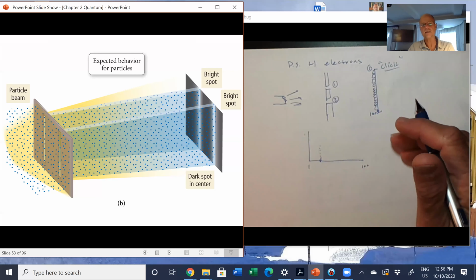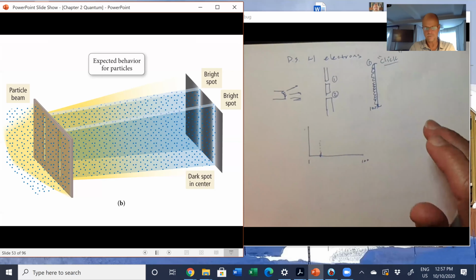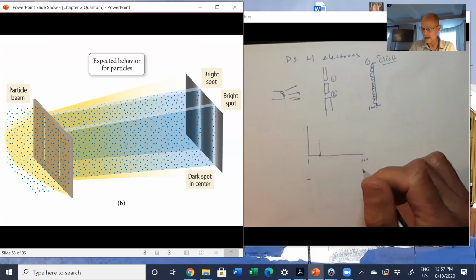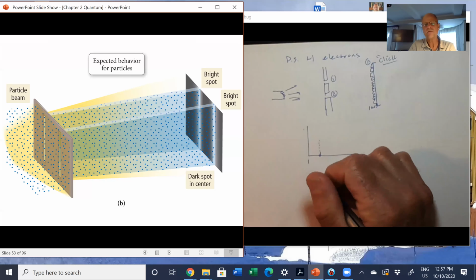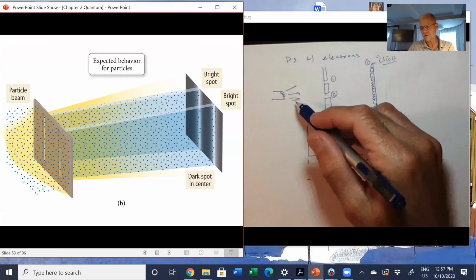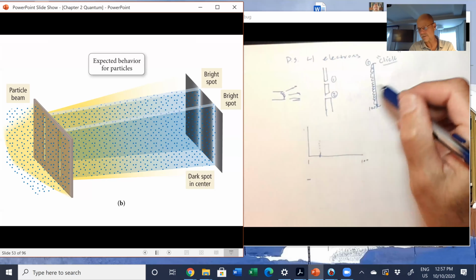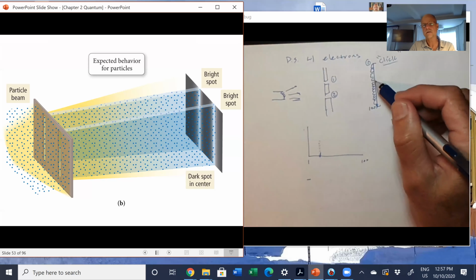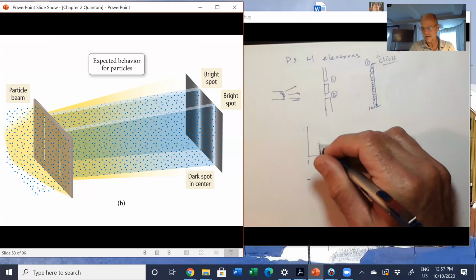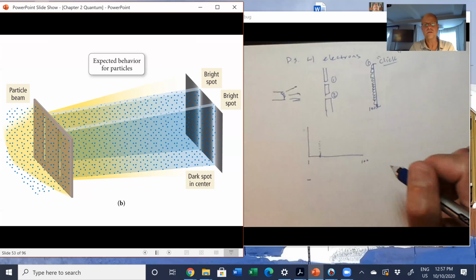So what do you see here with electrons? First of all, the first observation is that you either hear a click or you don't hear a click. In other words, you turn this filament on, electrons start coming through, and you hear these detectors start clicking, right? And you see where they land here on your graph, yeah?